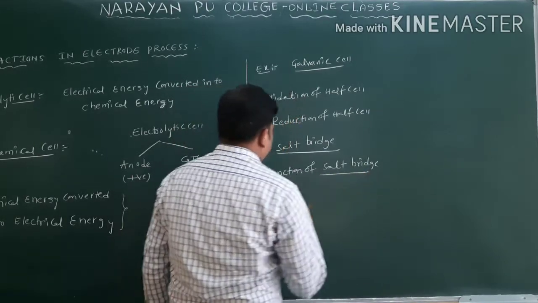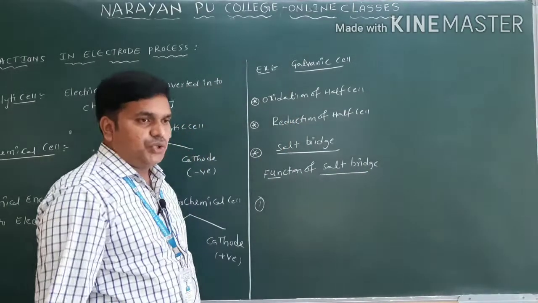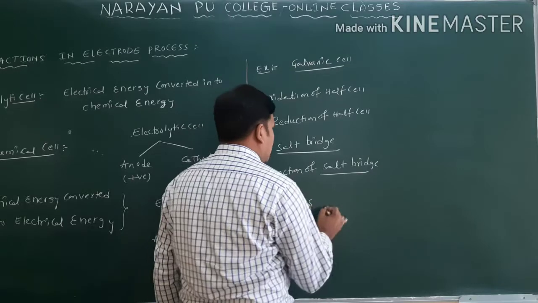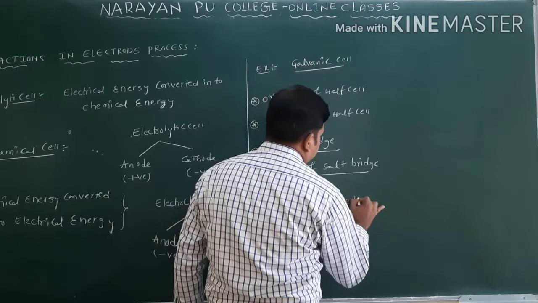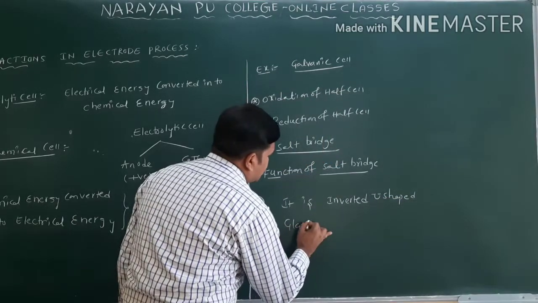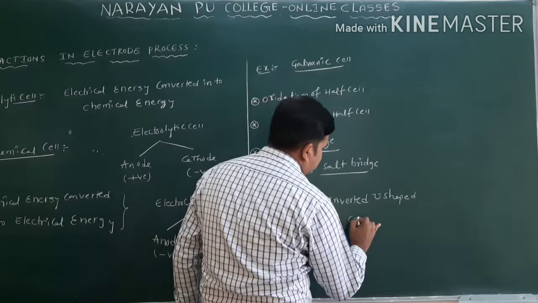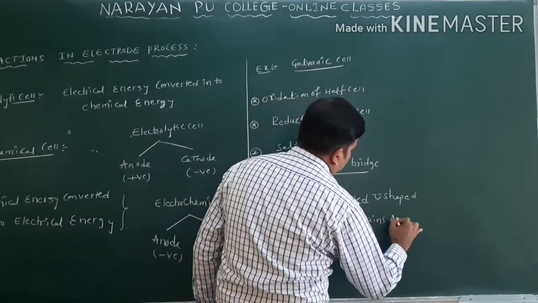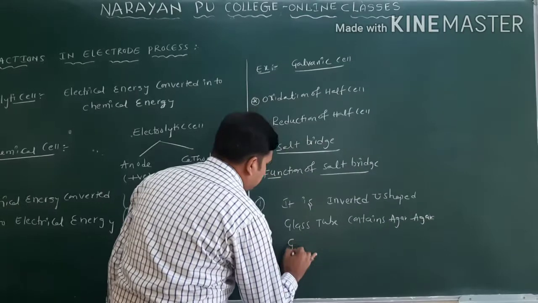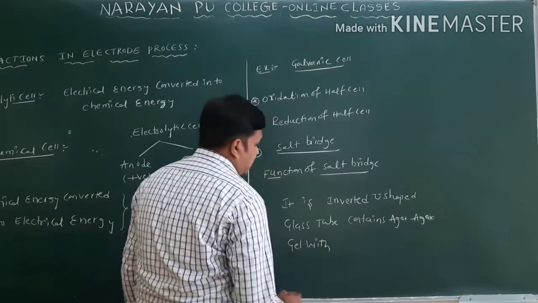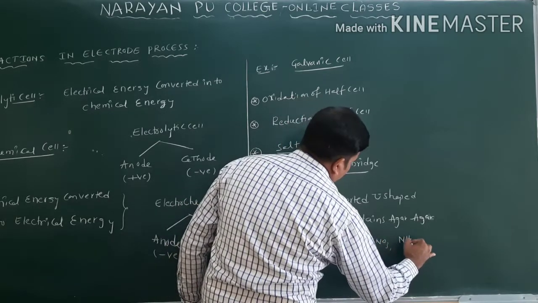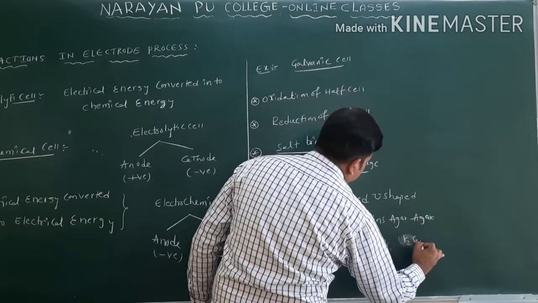Salt bridge is an inverted U-shaped glass tube containing agar gel, which is just a jelly-like substance, with electrolytes like potassium chloride, potassium nitrate, and potassium sulfate.